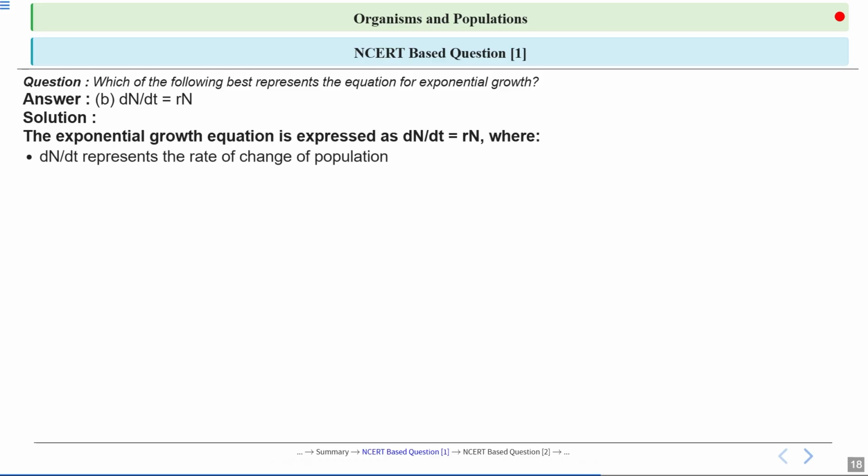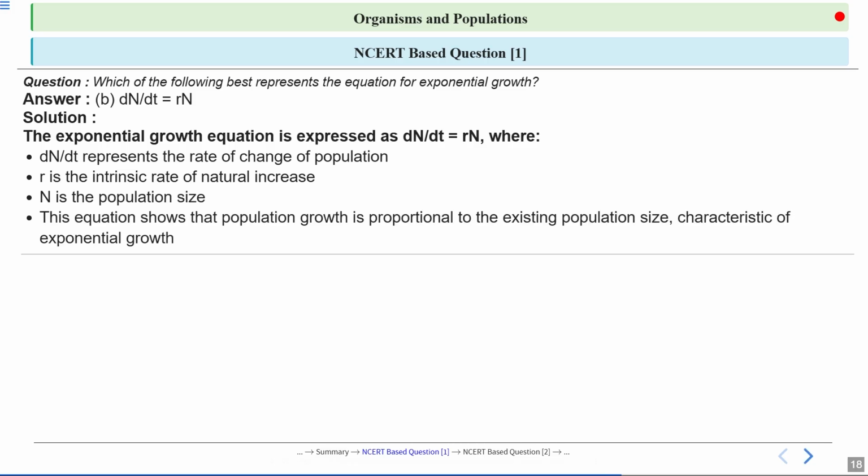Where dN/dt represents the rate of change of the population, r is the intrinsic rate of natural increase. This is a measure of how quickly a population can grow under ideal conditions, where no limiting factor is present. N is the population size.